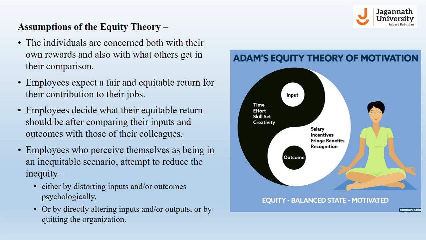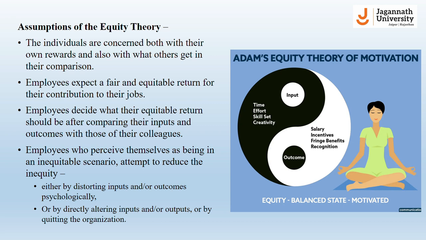So this is a very important assumption we need to understand: what exactly is the fair and equitable return for any employee, and that is decided by comparing with their colleagues' inputs and outcomes. The fourth assumption is that employees who perceive themselves as being in an inequitable scenario attempt to reduce the inequity.